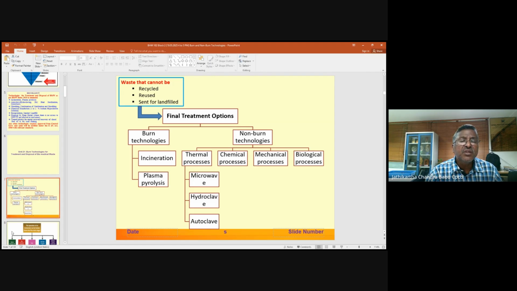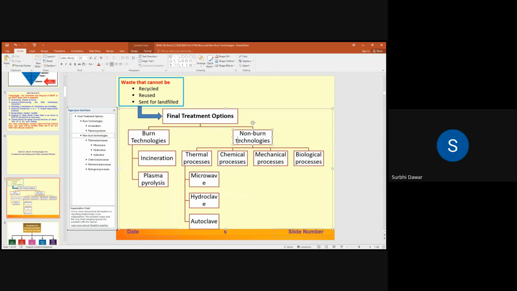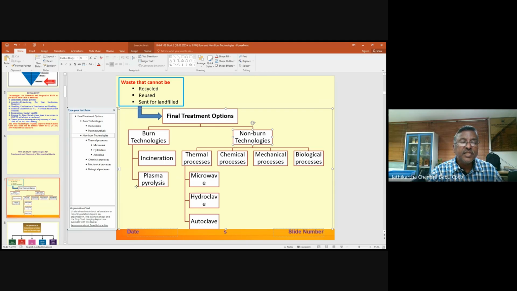In case of burn technologies, there are two technologies. Can anybody guess? Incineration and plasma pyrolysis. Yes, there are two technologies, incineration and plasma pyrolysis.